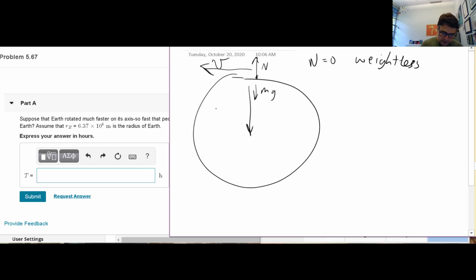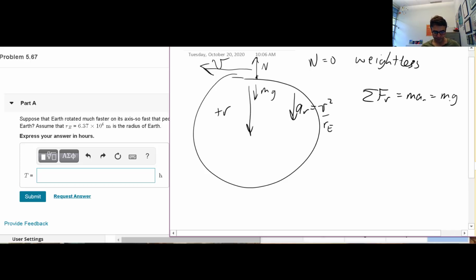So once again, this is the plus r direction. You've got a sub r down is equal to v squared over r. We'll call it re, because that's what it was in the problem. So the sum of the forces in the r direction is m a_r is equal to m times g, where g is 9.8, I guess. So we can find the velocity.